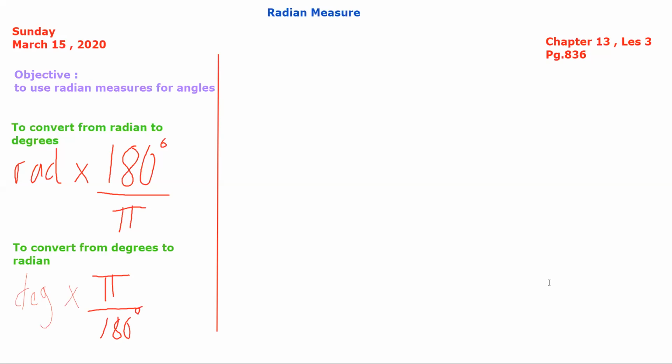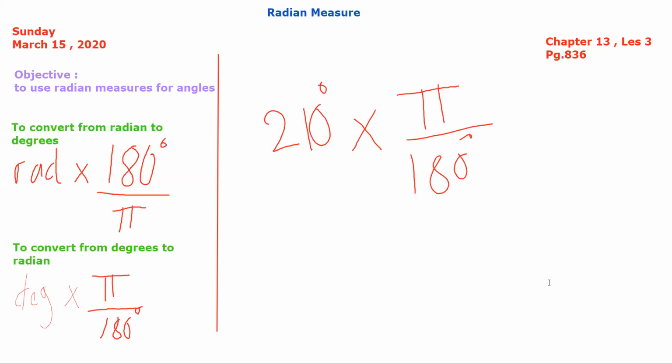As an example, if you have 210, I want the answer in radian. So multiply by pi over 180. 0 cancels 0. Then 18 divided by 3 is 6, 21 divided by 3 is 7.